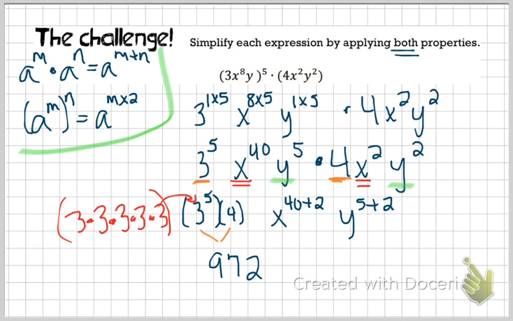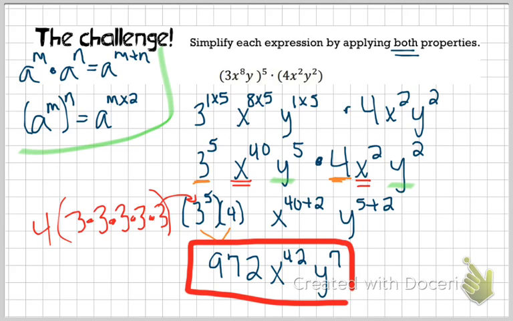Then that answer, we're going to multiply it times 4. So we get 972. X to the 40 plus 2 is 42. Y to the 5 plus 2 is 7. And now, finally, we have our simplified answer. And we used both properties, so really it's not that bad.